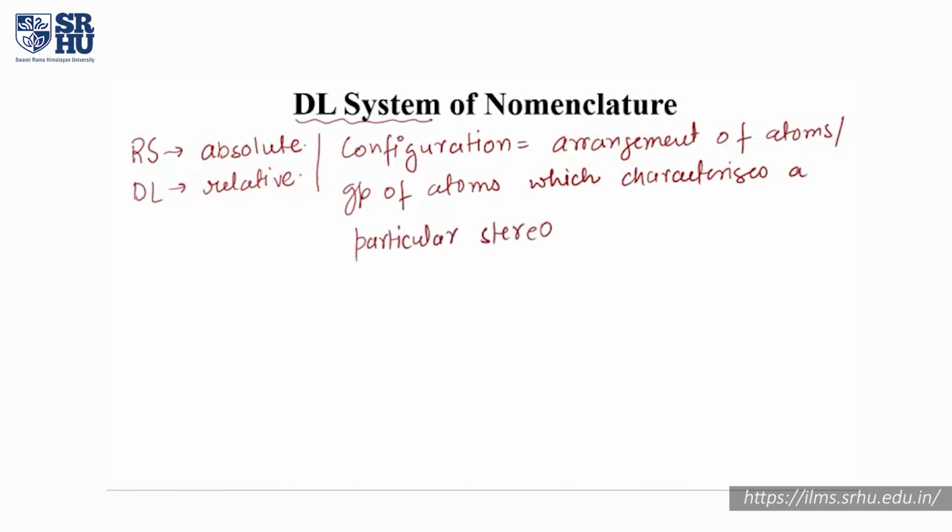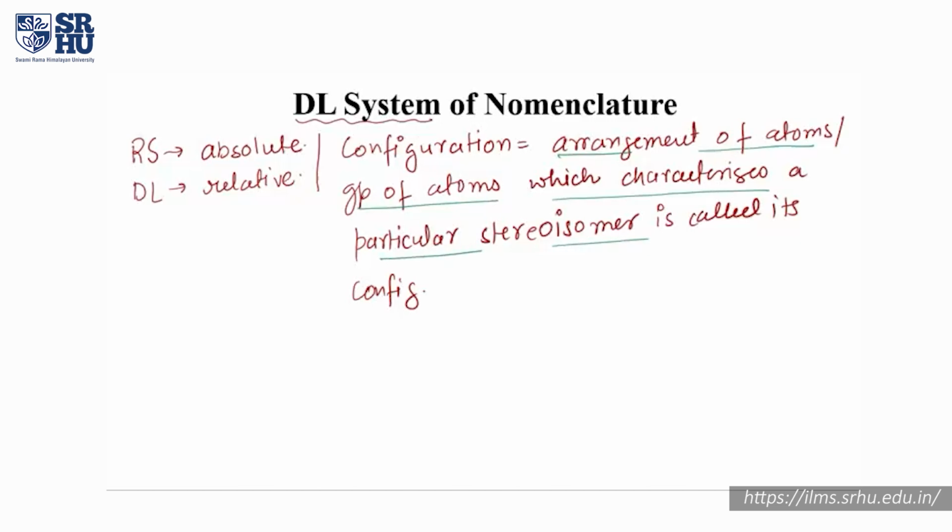That is called its configuration. So the definition of configuration is the arrangement of atoms or group of atoms which characterizes a particular stereoisomer is called its configuration. Let us understand this by taking an example.